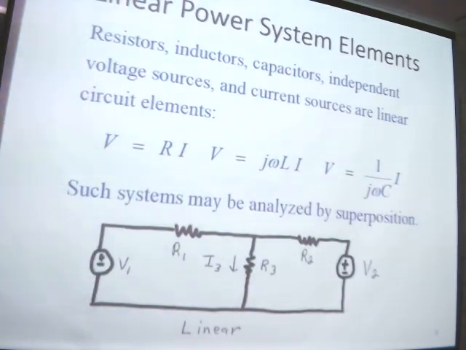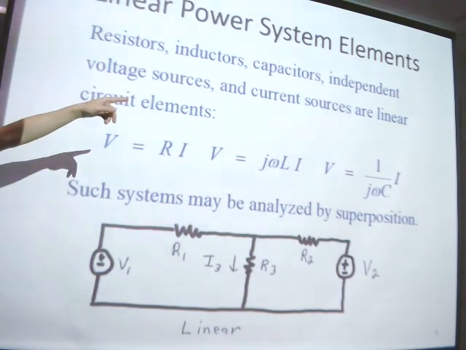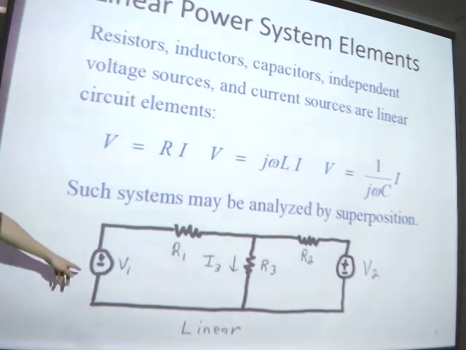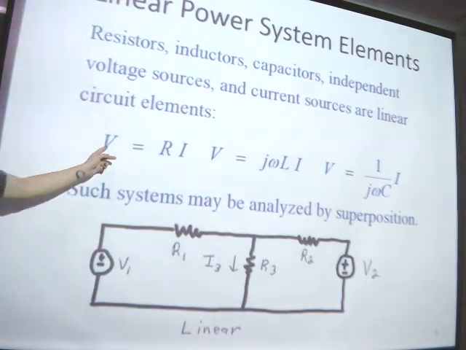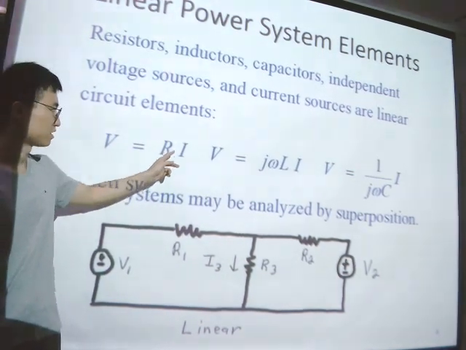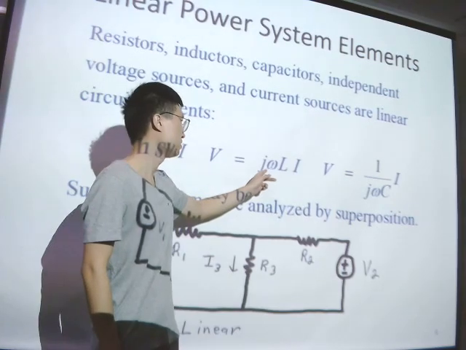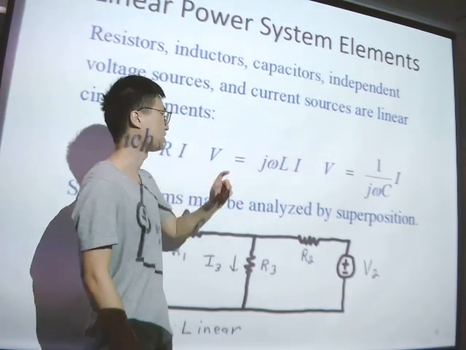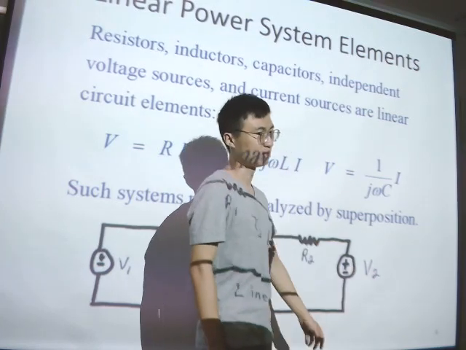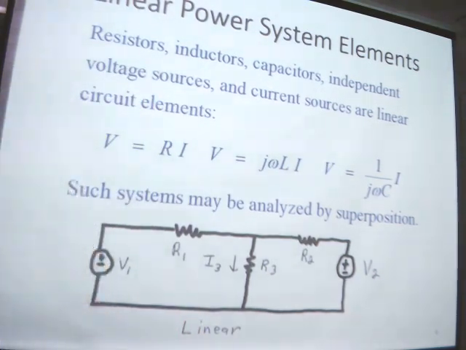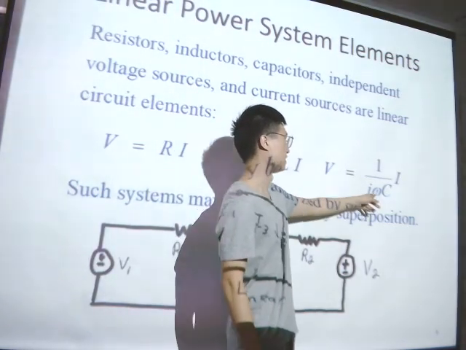In our systems, some elements are linear: resistor, inductor, capacitor, and independent voltage and current sources. Current is proportional to voltage for a resistor, and the inductor is also proportional, though it is the reciprocal of this current.